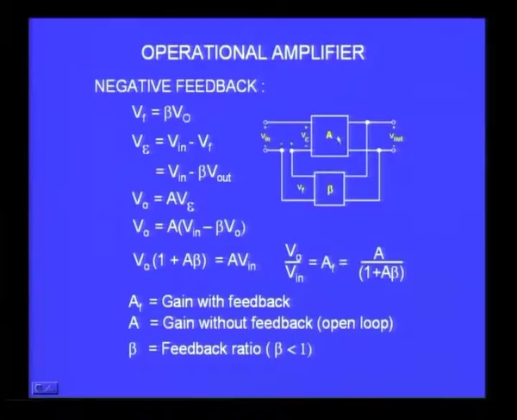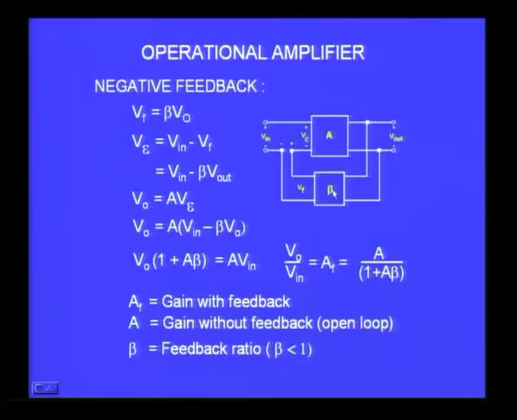This is related to the intrinsic gain A of the amplifier by this expression which we derived last time also. I have shown here the mathematical steps. So, AF, the gain with feedback, is equal to the gain without feedback, A divided by 1 plus A beta, where beta is called the feedback ratio. What is the proportion of the output voltage which is given at the input? This is called the feedback ratio.